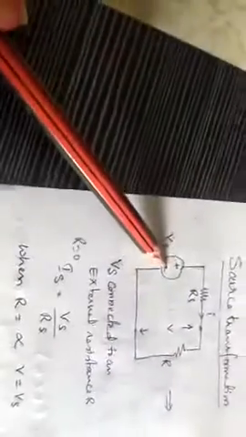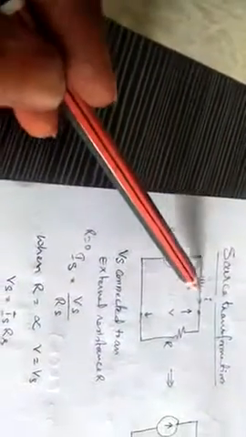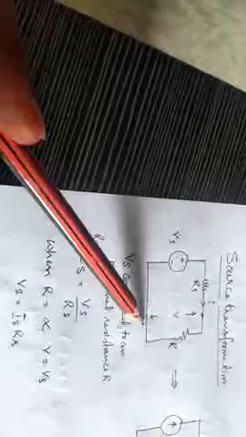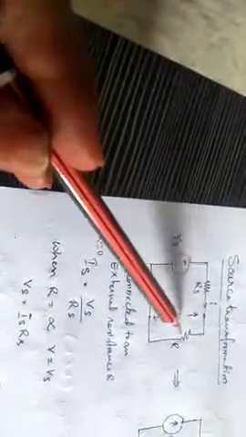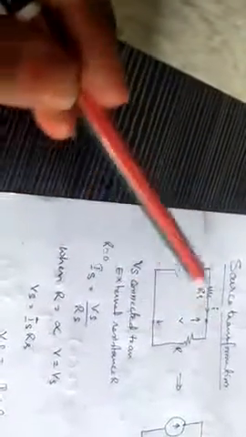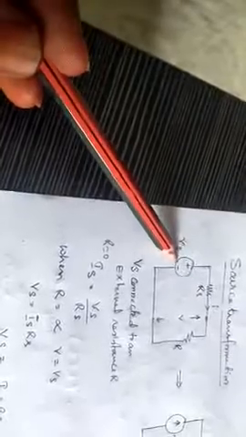If you apply KVL and KCL for the above circuits, the voltage Vs equals the voltage drop across the resistor and the voltage across the load. These two voltages, if you add, will be equivalent to your Vs. That's what we have written here.